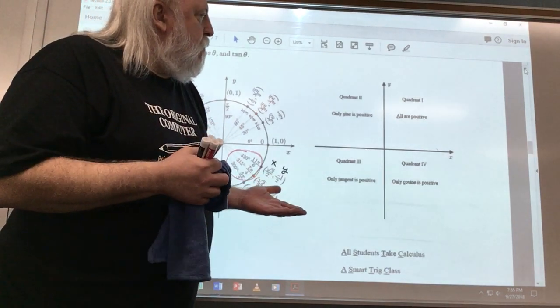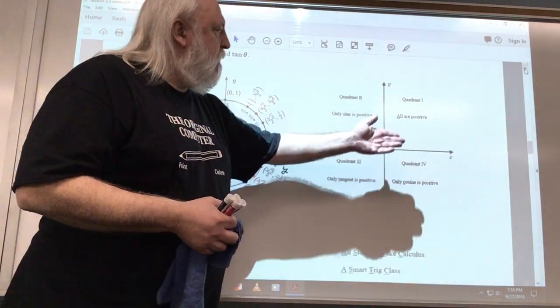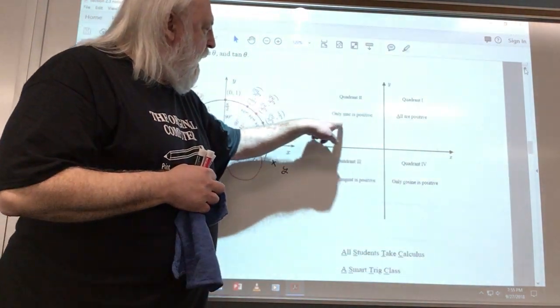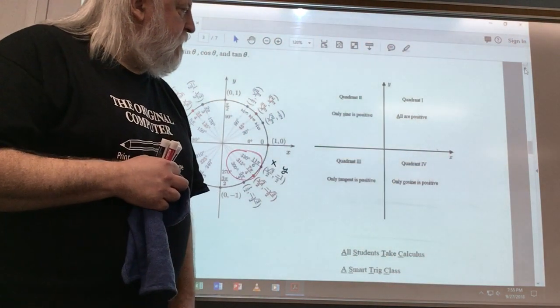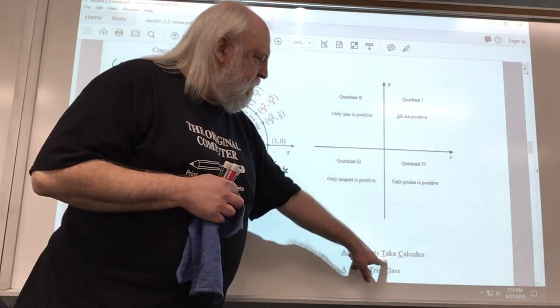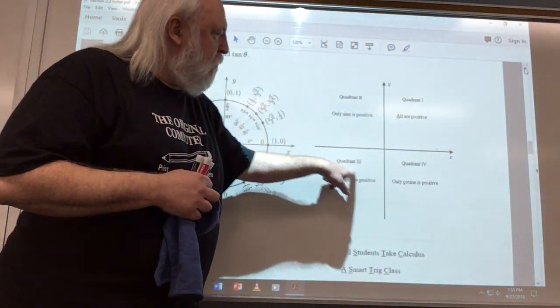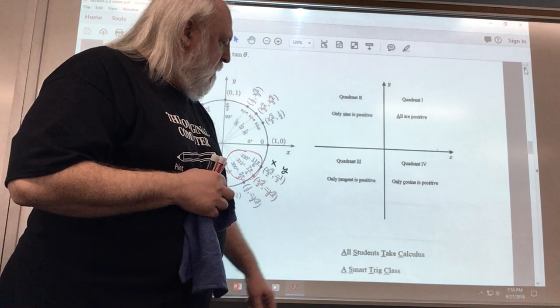So how do we remember which of these three trig functions is positive in each of these 4 quadrants? A, S, T, C. We use those letters of the alphabet to form the acronym All Students Take Calculus. Start here in quadrant 1 and go around in counterclockwise direction.